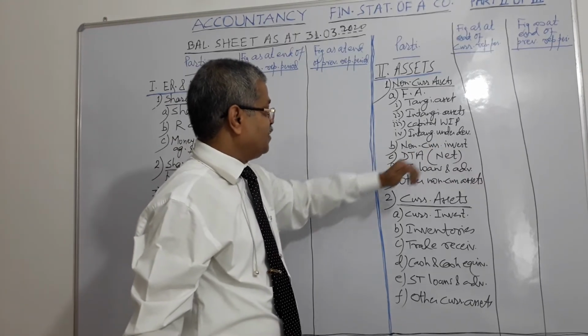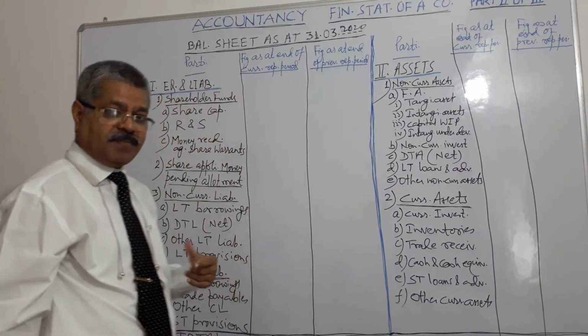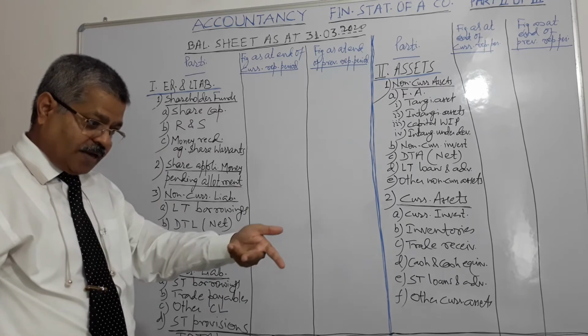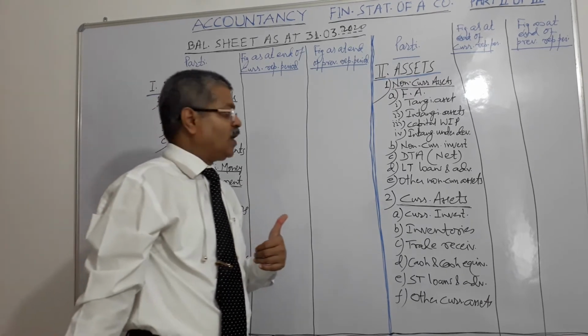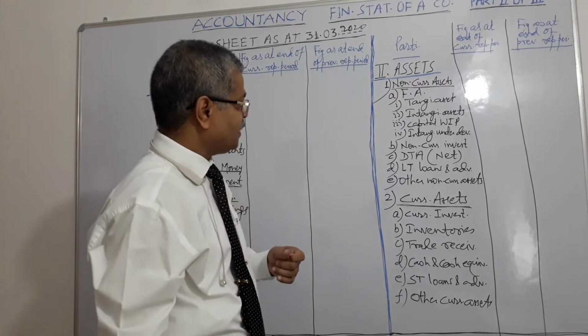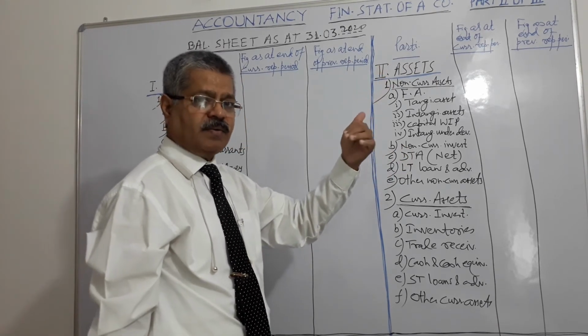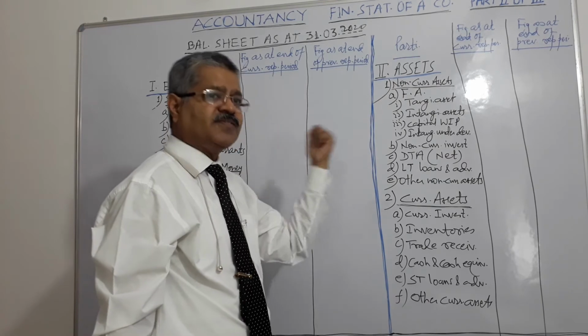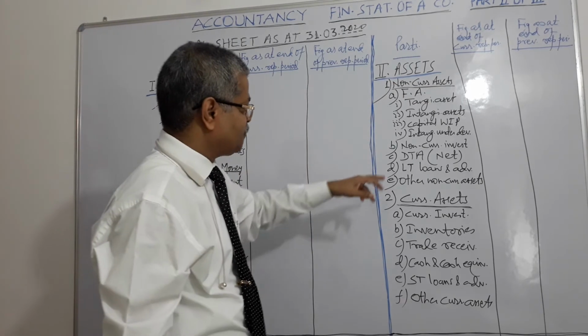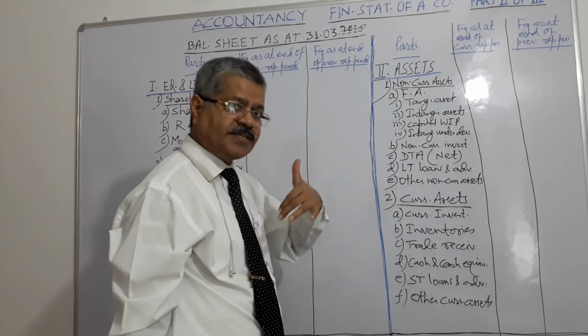Then non-current investment. The company has made some investments which are not to be realized within the next 12 months. Right? Suppose it has invested in some company or given some loans which are not to be realized within 12 months.